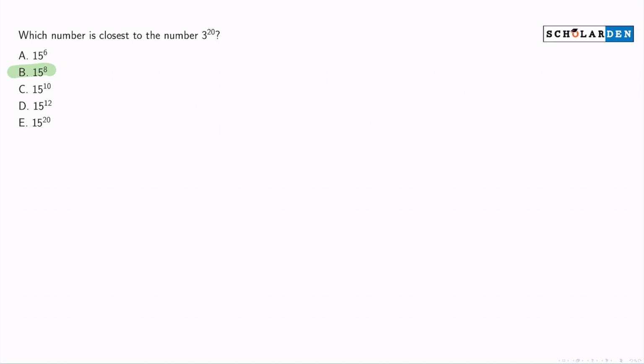So here's what I want to express. 3 to the power of 20, when compared to any one of these numbers, whichever comparison is closest to 1 wins. So I would say 3 to the power of 20 divided by 15 to the power of 6, 3 to the power of 20 divided by 15 to the power of 8, and so forth.